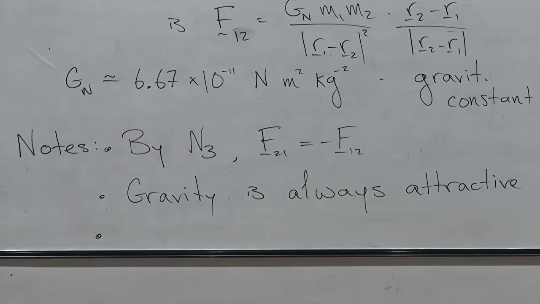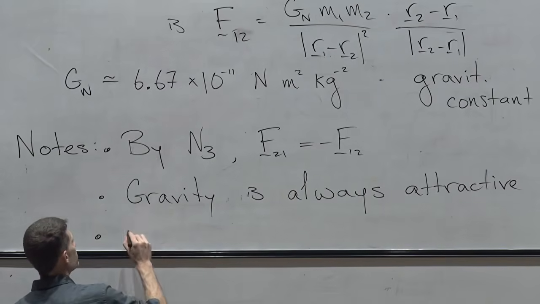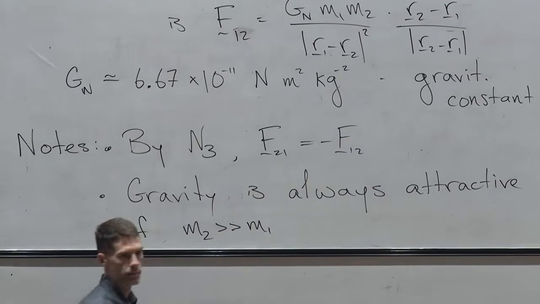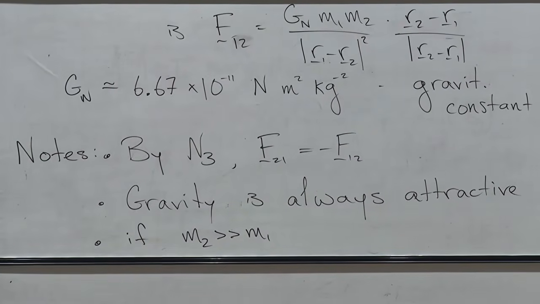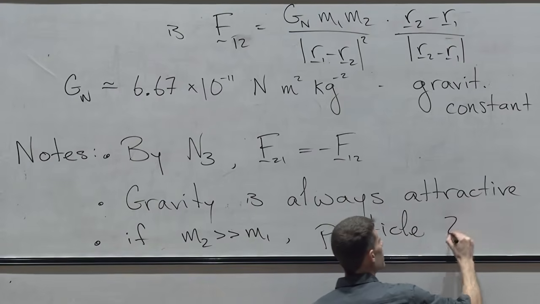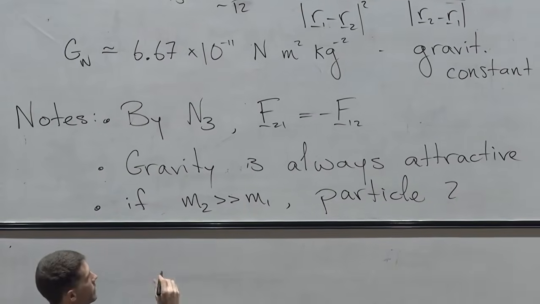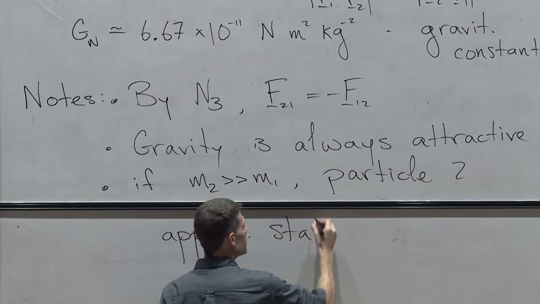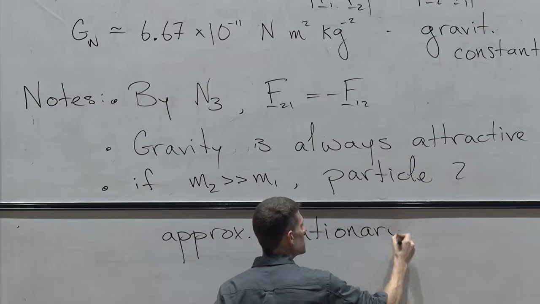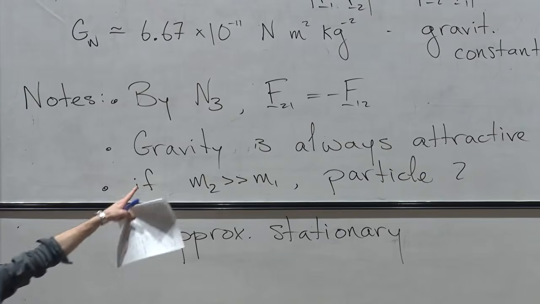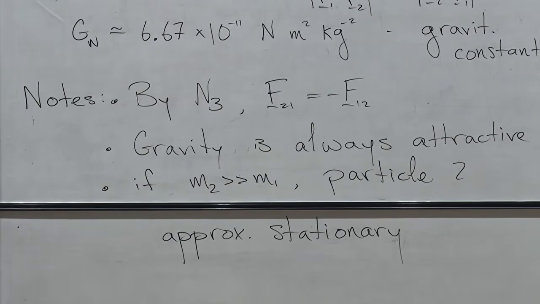3, this is more of an approximation that's very useful. Let's consider the case where mass 2 is much greater than mass 1. So mass 2 is the Sun and mass 1 is the Earth. The claim is that particle 2 is approximately stationary. At first that might seem a bit curious because we've just said they have the same force acting on each of them, just flipped around.